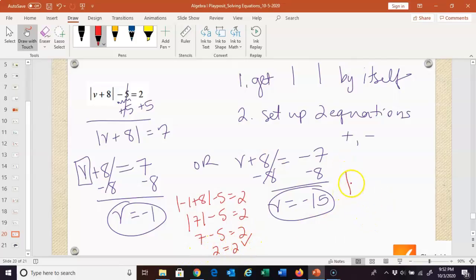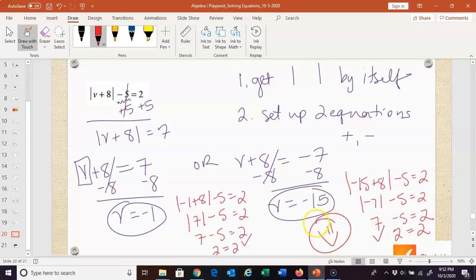Let's try -15. -15 plus 8 is, what is that? -7? Now the absolute value of -7 is 7. Remember, it's always positive. And sure enough, 2 equals 2. And we can be sure and happy that we got it right.